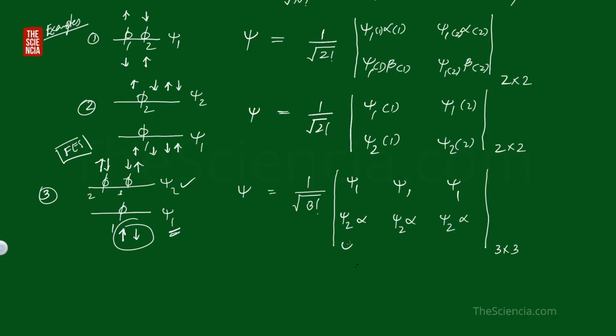Okay, and the third one is the second state, psi 2 itself, but the particle is in the downspin, beta. Now we have to fill the particles, right? So in the column, same particle, that is, this will be 1, this will be 1, this will be 1. Here it will be 2, 2, 2, and 3, 3, 3, right?